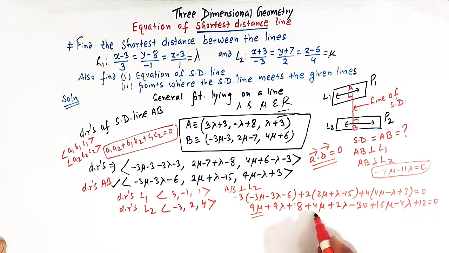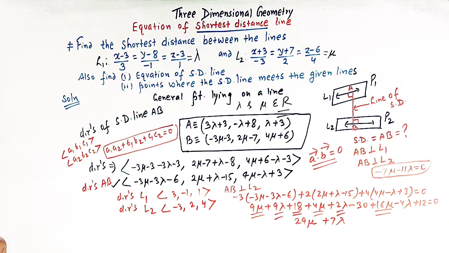So 9 mu, 4 mu, and 16 mu. So 9 plus 4 is 13, 13 plus 16 is 29, right? Here we have 9 lambda, this is 2 lambda, 9 plus 2 is 11, 11 minus 4 is 7 lambda, right?